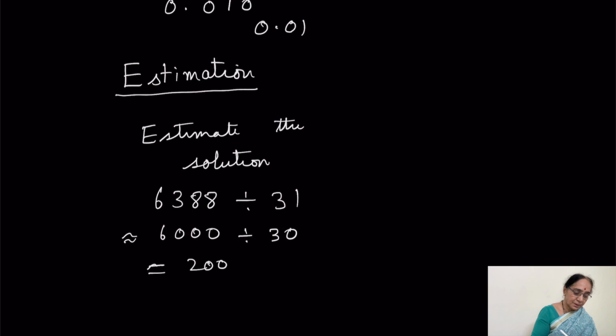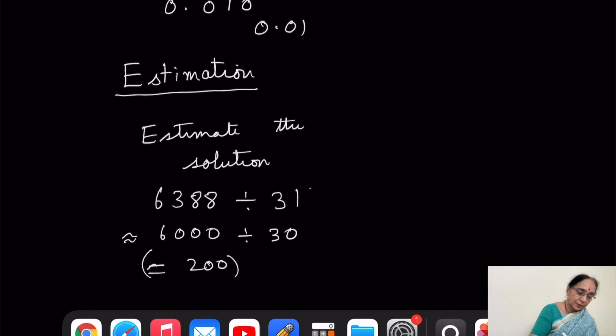So my answer is somewhere close to 200. May not be 200, definitely not exactly 200, but it will be close to 200. And let me do this on the calculator and see what it is. The answer is 206. So close enough.